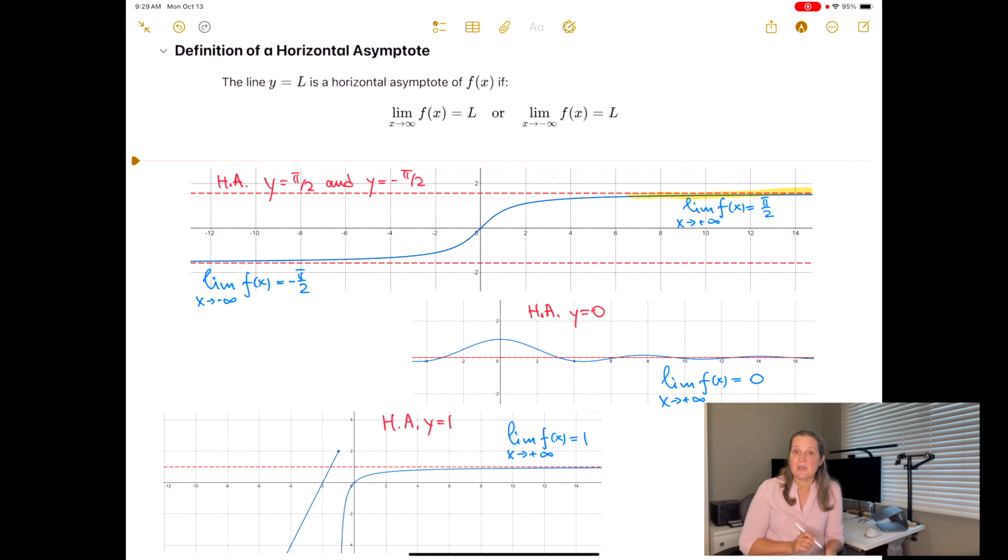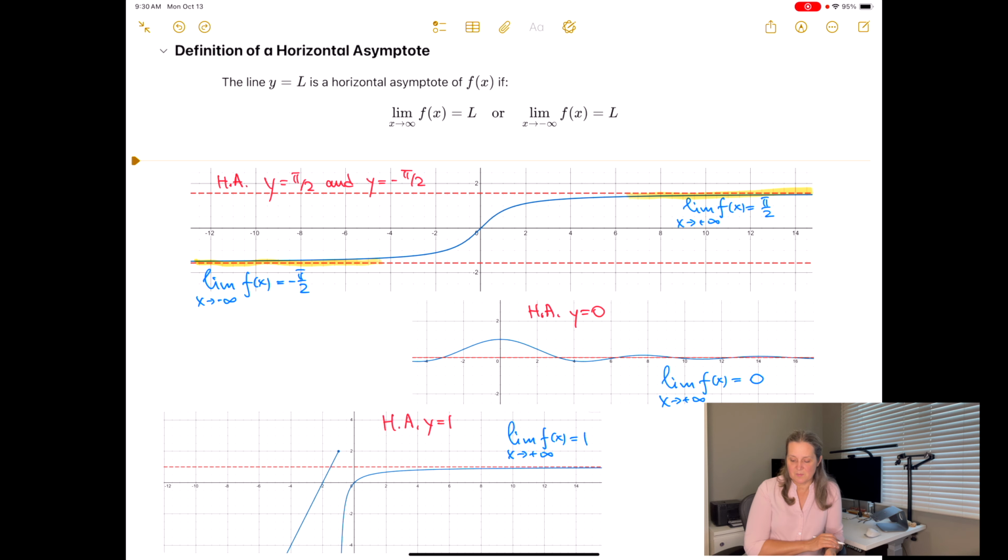In our first example, the limit of the function f of x as x approaches plus infinity is equal to pi over 2. This is what makes the line y equals pi over 2 a horizontal asymptote of the function. The limit of the function f of x as x approaches minus infinity is equal to minus pi over 2. This behavior makes the line y equals minus pi over 2 a second horizontal asymptote of the function f of x.